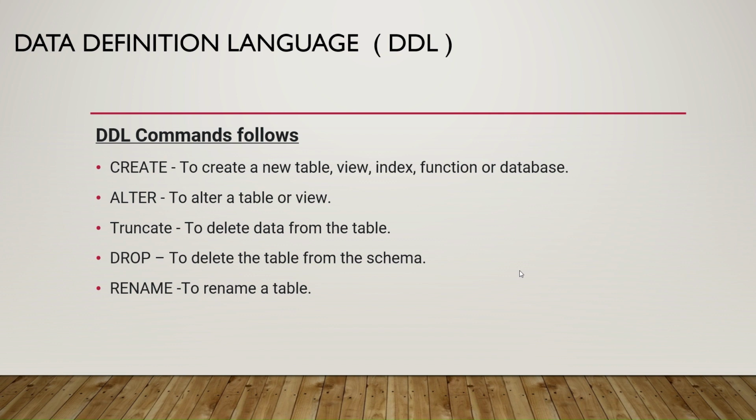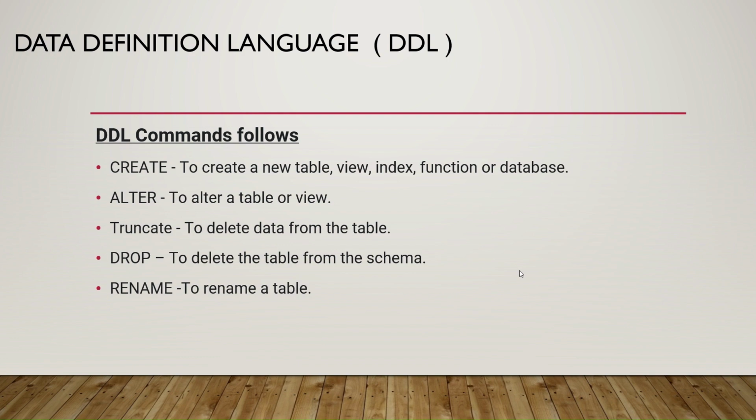The drop command is to completely remove the table from the schema. We have the rename command to rename the table, view, or any DB objects. These five commands are used to create new or modify the existing DB objects.